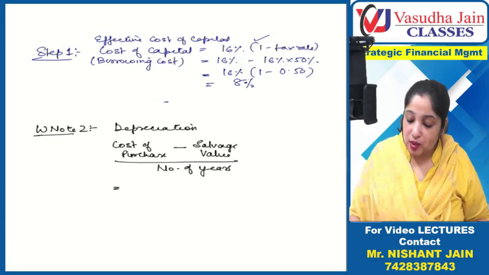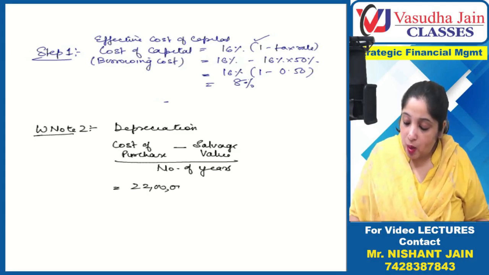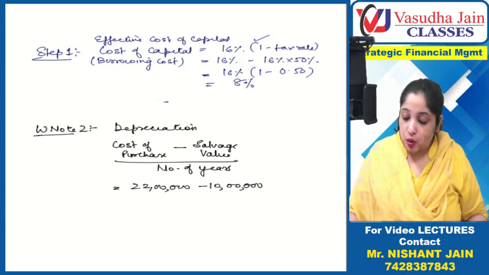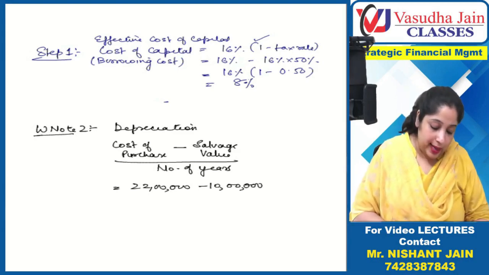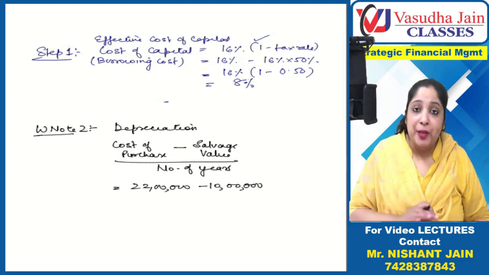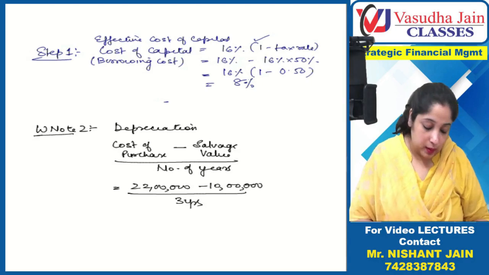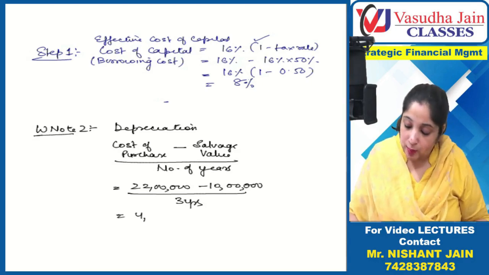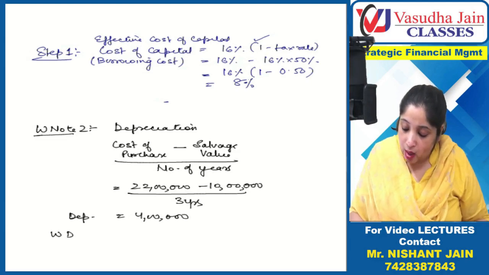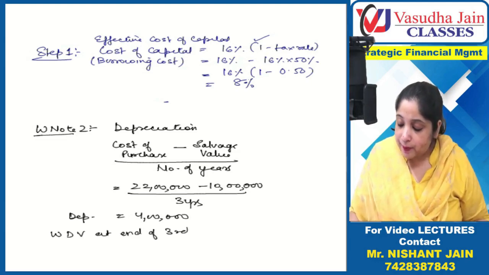The cost of purchase is 22 lakh, less the salvage value of 10 lakh. So you are depreciating only 12 lakh rupees in 3 years. So 4 lakh rupees is your depreciation amount, and the written down value at the end of the third year, don't forget, is your 10 lakh rupees.